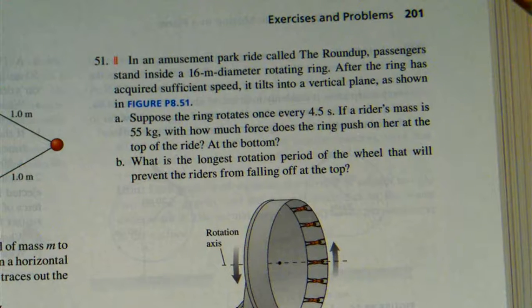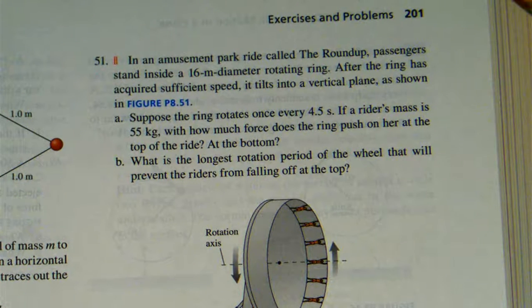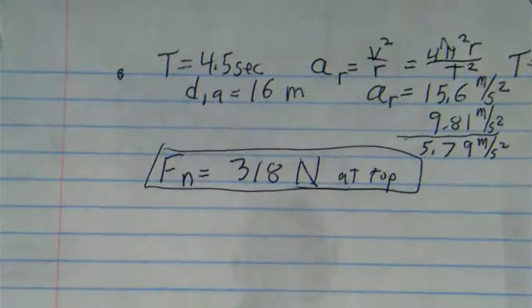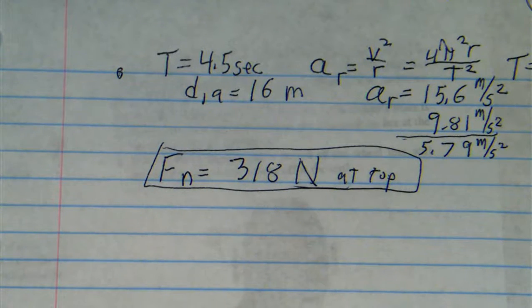The centripetal force, oh boy, I'm sorry, the normal force will be the mass of the rider, 55 kilograms, times this residual acceleration that we need. So I get a normal force of 318 newtons at the top of the ride.